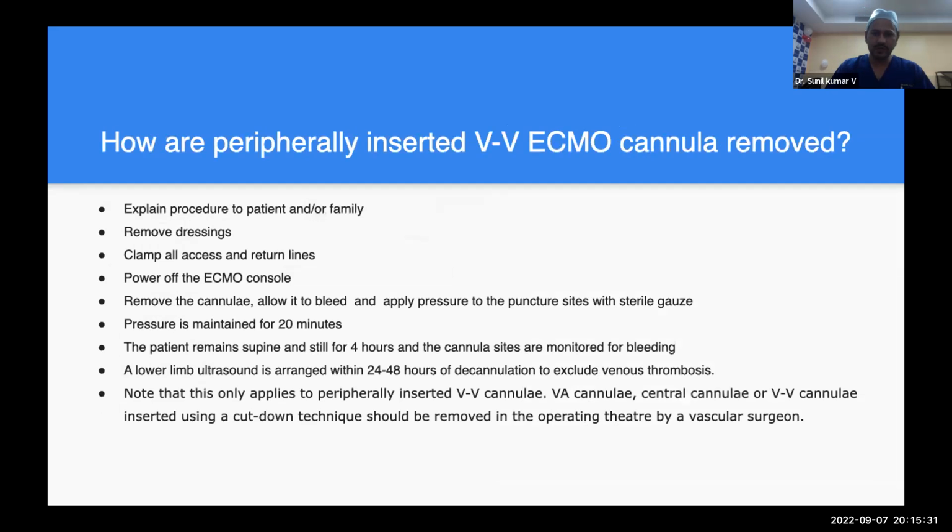So how are peripherally inserted VV ECMOs removed? We have to explain the procedure to the family and the patient, and remove all the dressings. Then clamp all the access and return lines, power off the console, and remove the cannula and allow it to bleed, because if any clots or thrombus are there, they will come out.